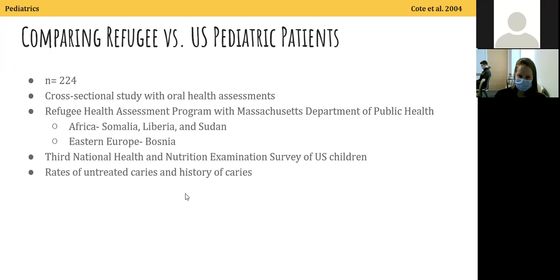Again, they had an African cohort that were from mostly Somalia, Liberia, and Sudan, and these were predominantly Black. And they had an Eastern European cohort that were mostly from Bosnia, and they were predominantly white. What they did was they talked to all of these groups and asked them about having a history of dental disease, and then they examined them to look for active untreated caries.